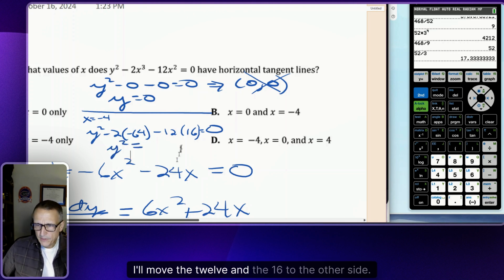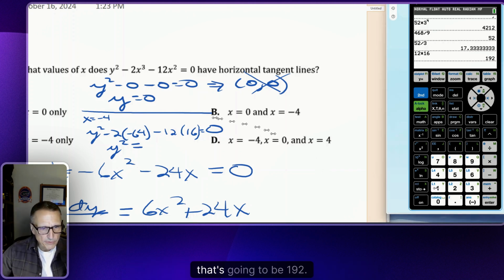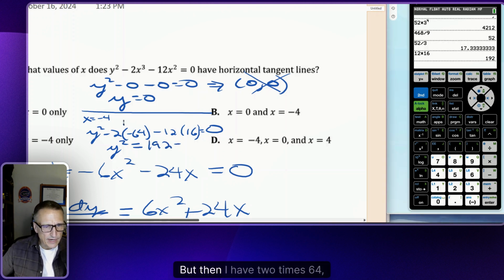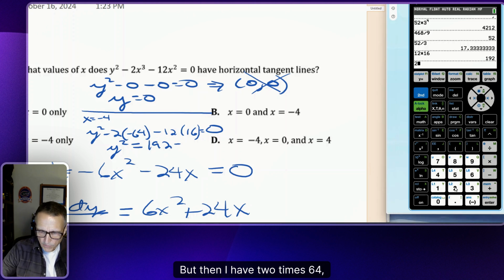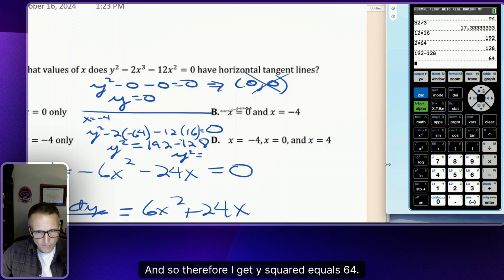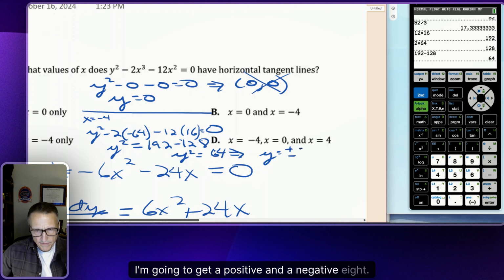I'll move the 12 and the 16 to the other side. On my TI-84, 12 times 16 is 192. But then I have 2 times 64, 128. That's a positive 128, but when I move it to the right side, it becomes negative 128. And so I get y squared equals 64. And then when I solve for y, I get two answers: positive 8 and -8.